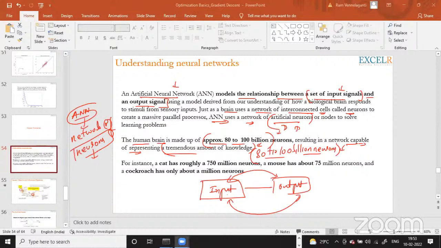So the human brain is made up of 80 to 100 billion neurons, resulting in a network capable of representing a tremendous amount of knowledge. So the more neurons you have, the more knowledge.